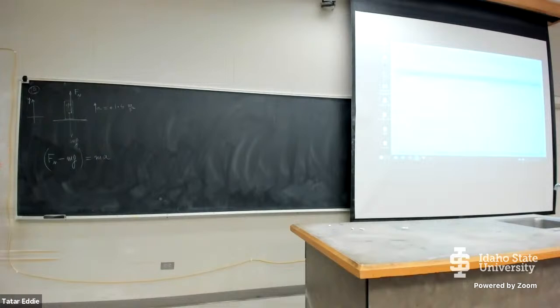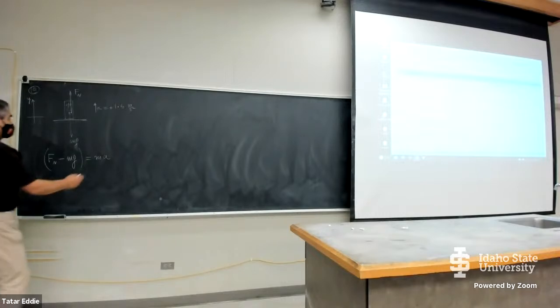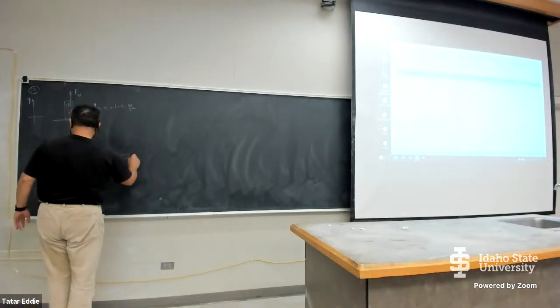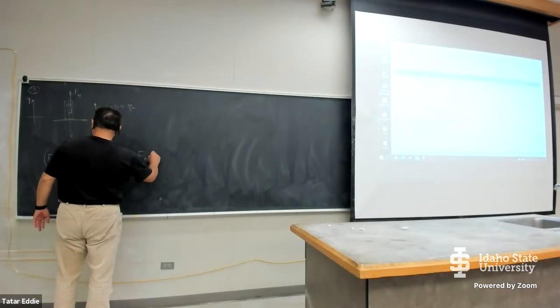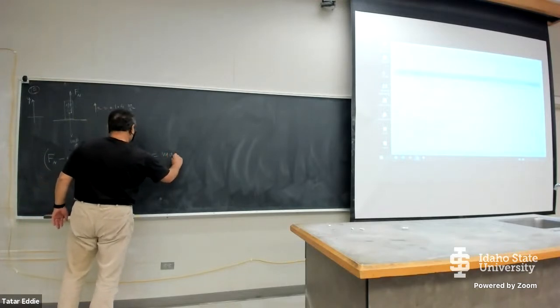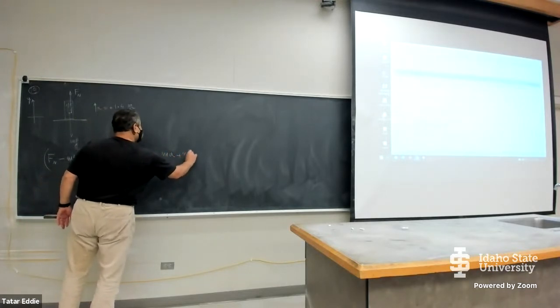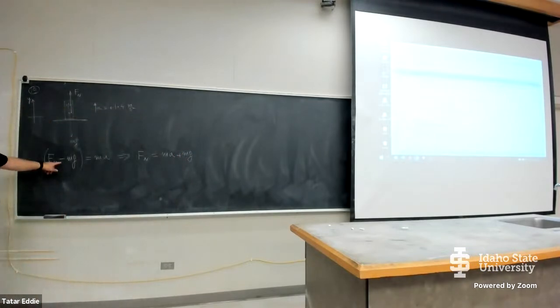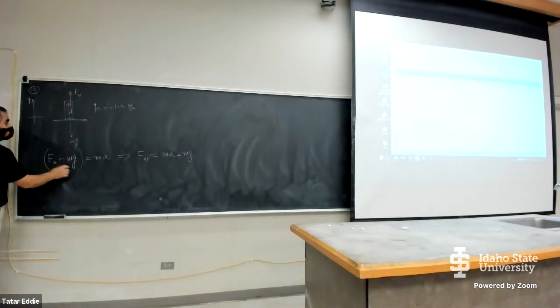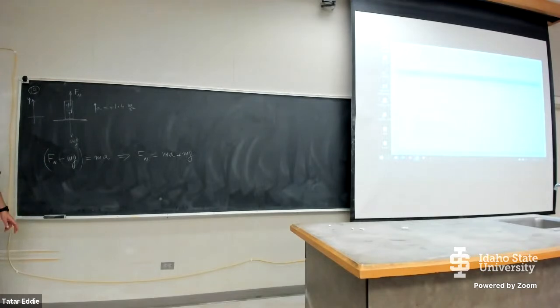And from here you have to solve this for the normal force, and this is your apparent weight. So from here you say the normal force is equal to ma plus mg. In other words, this term goes to the other side of the equation with opposite algebraic sign, and that's it.